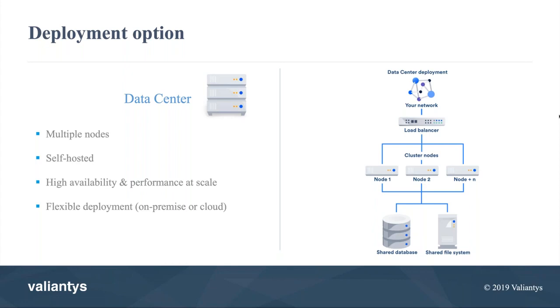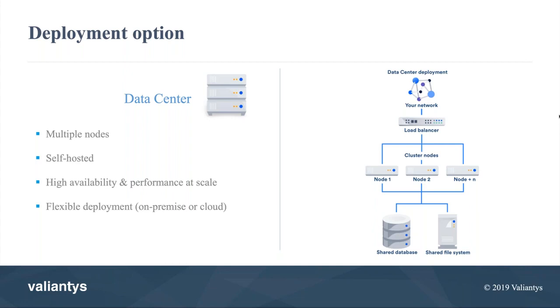There is, of course, high availability and performance at scale. That is the benefit of having this architecture. Now, high availability in the sense that you have multiple servers now, so that in the event that one server goes down, that is not a single point of failure anymore, so that you have other servers to take in the requests and keep your Jira or Confluence up and running.